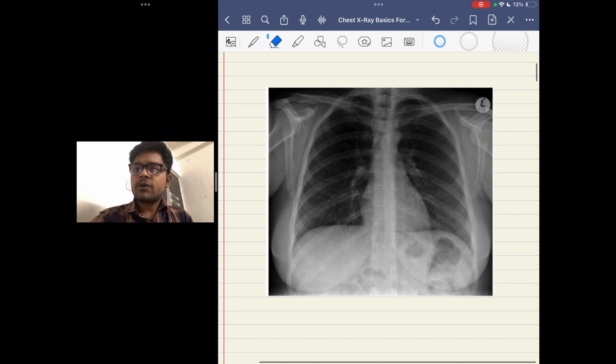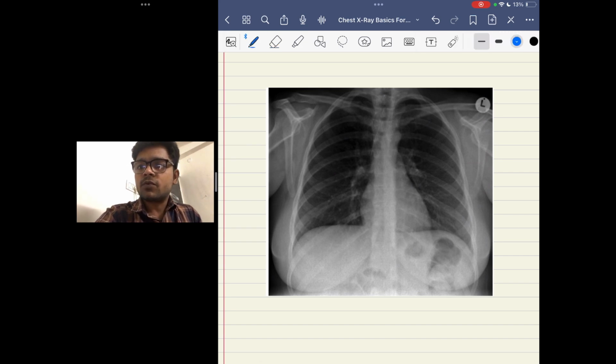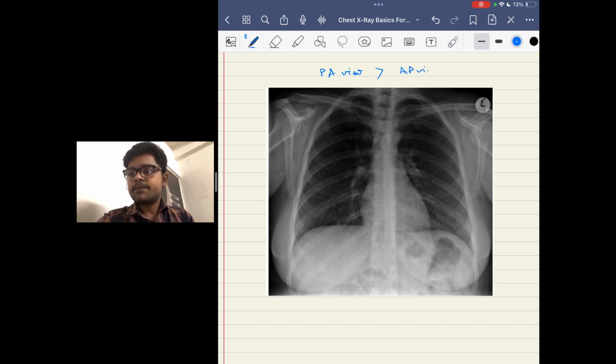First of all, you are required to know the view of the x-ray. This is a PA view x-ray. And the other view that is commonly utilized for taking chest x-rays is the AP view, right?